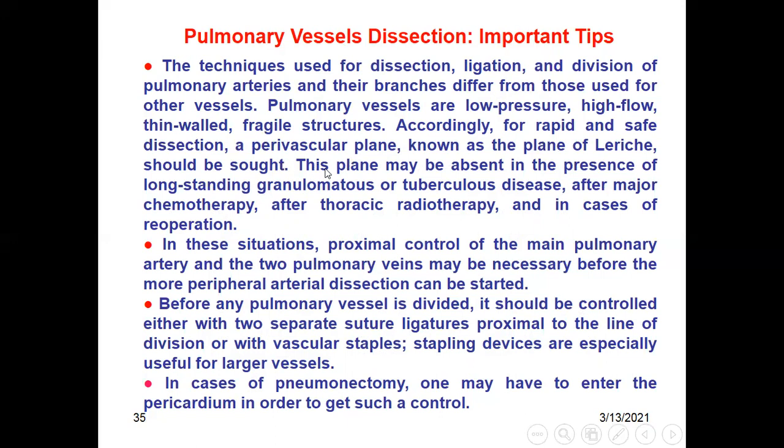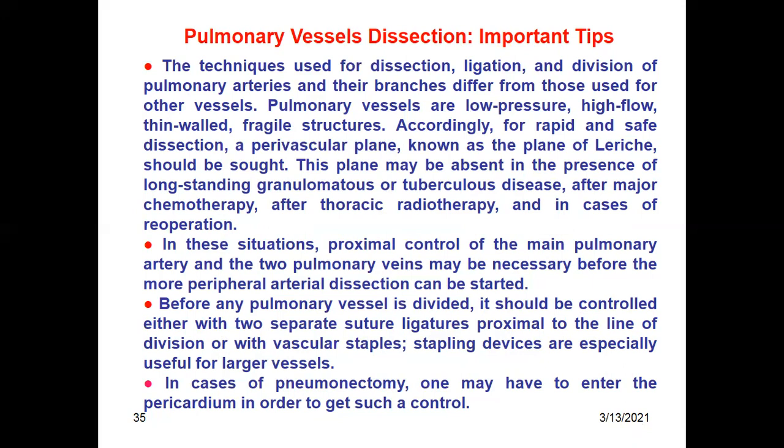This plane may be absent in the presence of long-standing granulomatous or tuberculous disease, or after major chemo or radiotherapy, or in cases of reoperation. So it's very important to do dissection to reach the perivascular plane, which enables us to safely isolate the pulmonary artery or pulmonary vein branches.